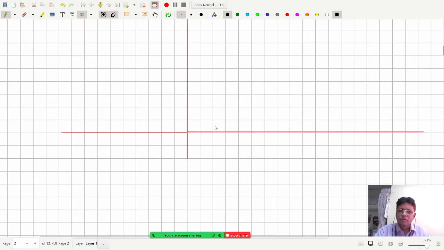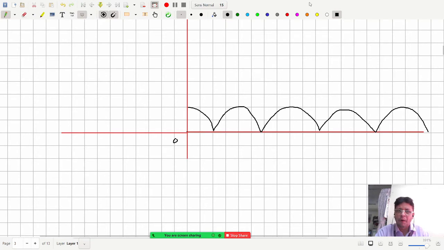How will you draw mod cos x? You know that mod cos x is simply like this. This is your modulus of cos x, and so on. Your interval is 0 to pi by 4, so I am not taking the negative part. Now how will you draw sine?